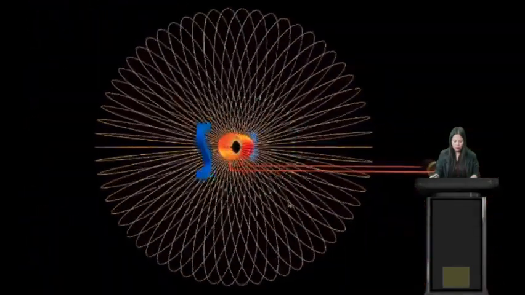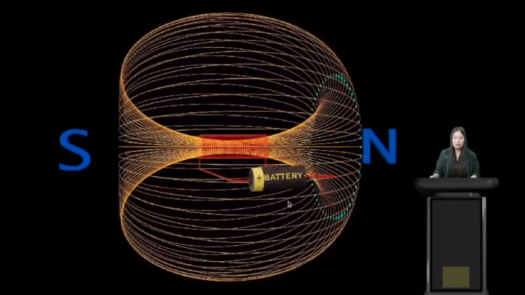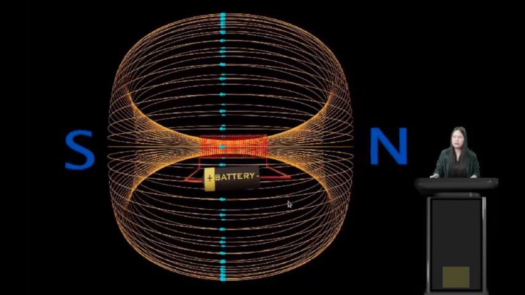So now we have the north pole and the south pole. We know that the direction of magnetic field lines is from north pole to south pole. So we can determine the direction of magnetic field lines in a solenoid. The direction of magnetic field lines in the solenoid is in this direction.